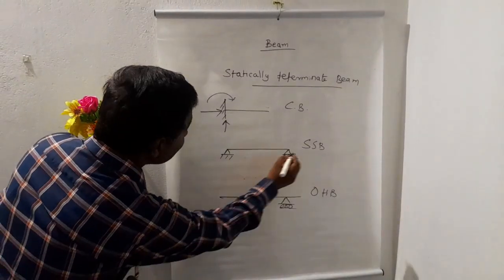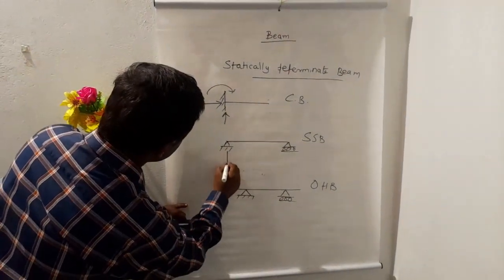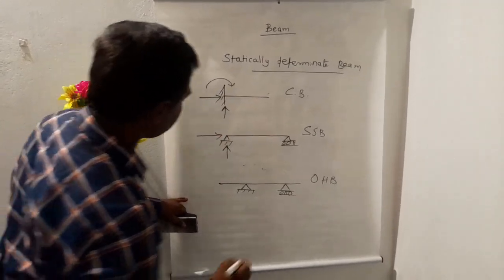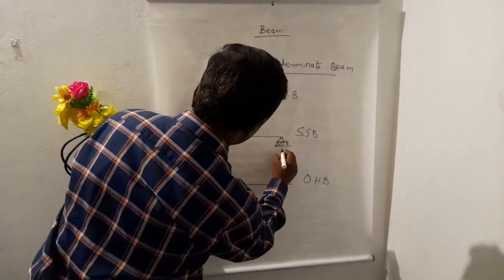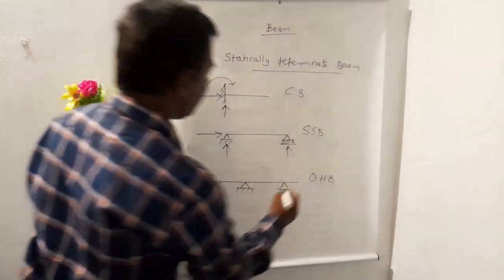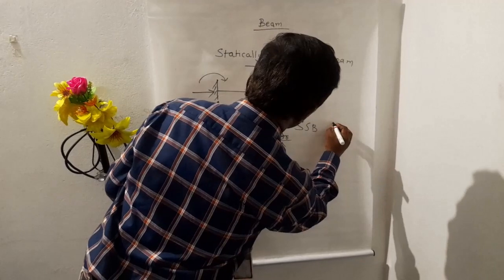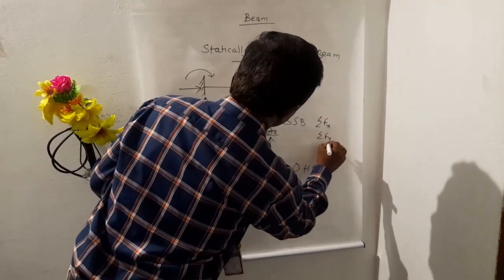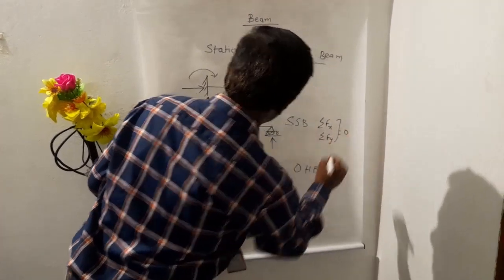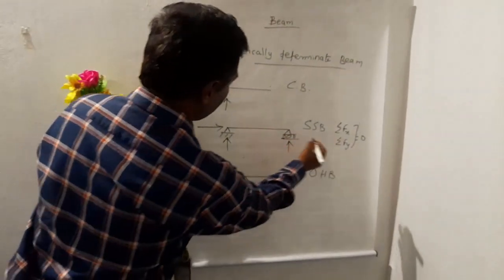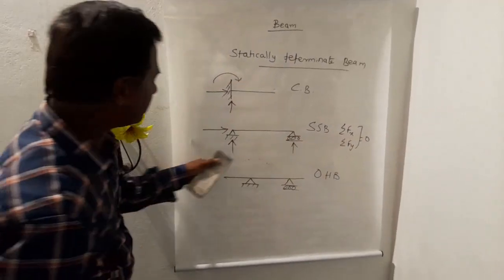For a simply supported beam, we have 2 support reactions, but there is no moment. We have only 2 equations on the forces, ΣFx and ΣFy, equal to 0. So we have only 2 equations and 2 unknowns, and we can find them.